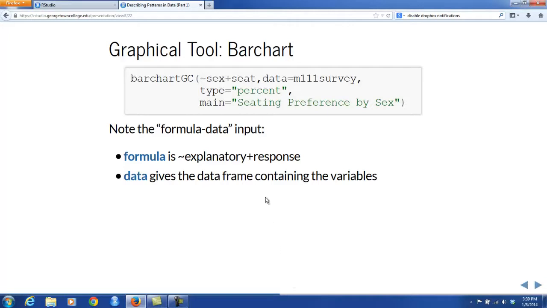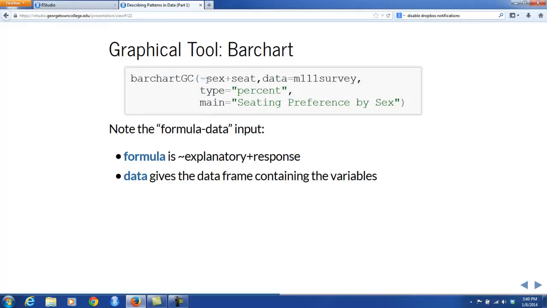It's called formula data input. The formula is the argument that has a twiddle in it somewhere. This signals to R that the argument is a formula. What else is in the formula depends on the type of analysis you're trying to do.